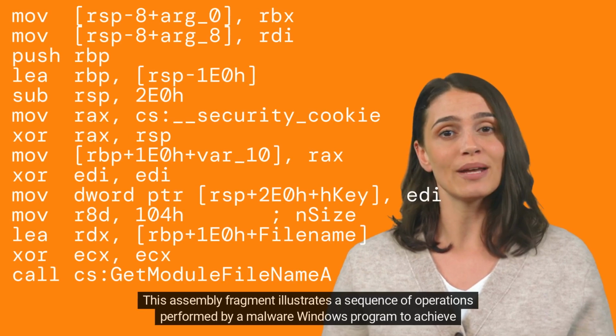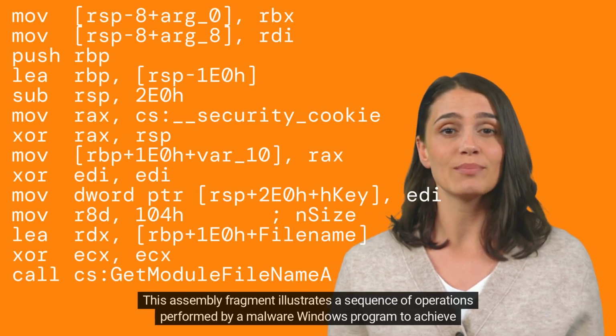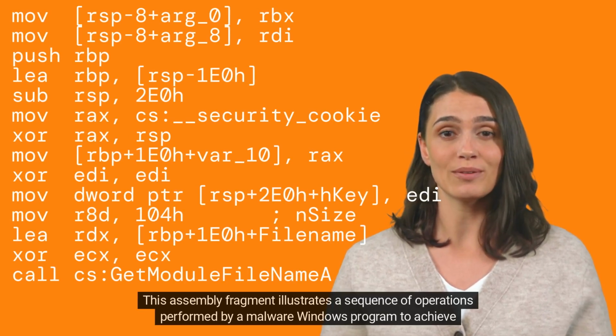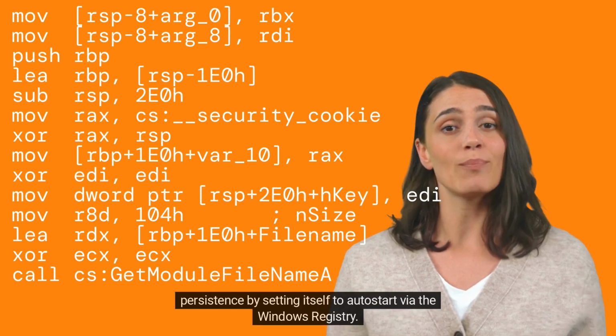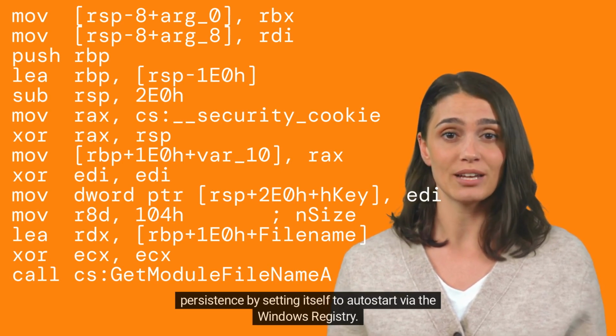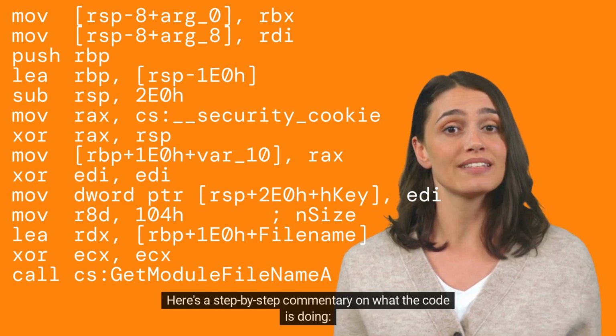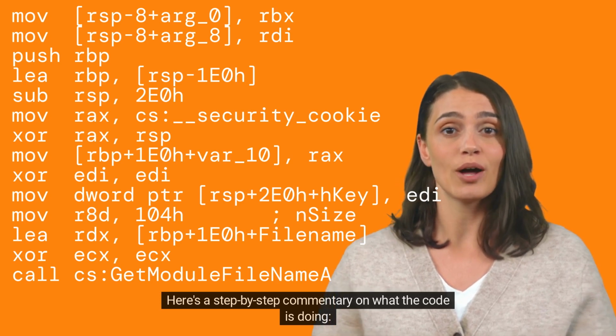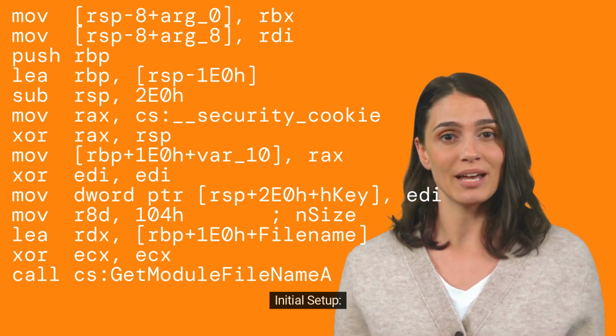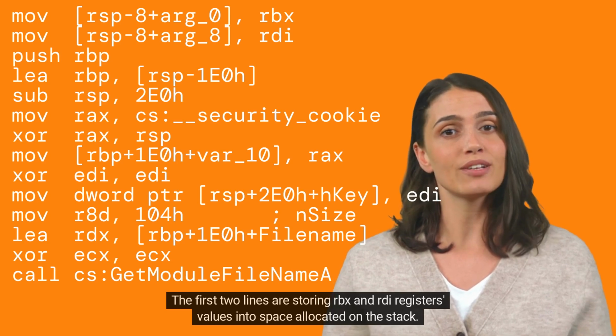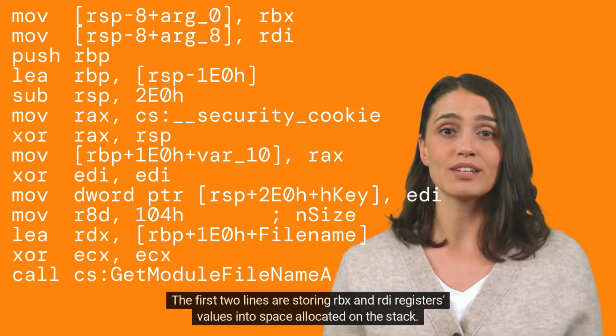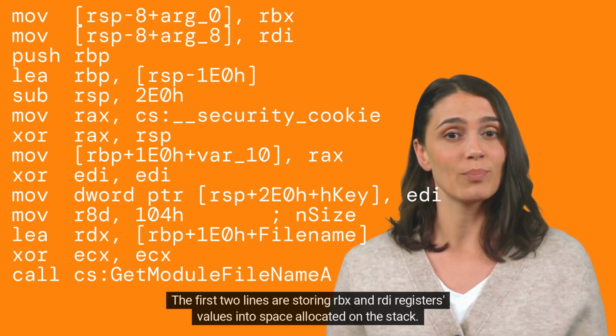This assembly fragment illustrates a sequence of operations performed by a malware Windows program to achieve persistence by setting itself to Autostart via the Windows Registry. Here's a step-by-step commentary on what the code is doing. Initial setup. The first two lines are storing RBX and RDI register values into space allocated on the stack.